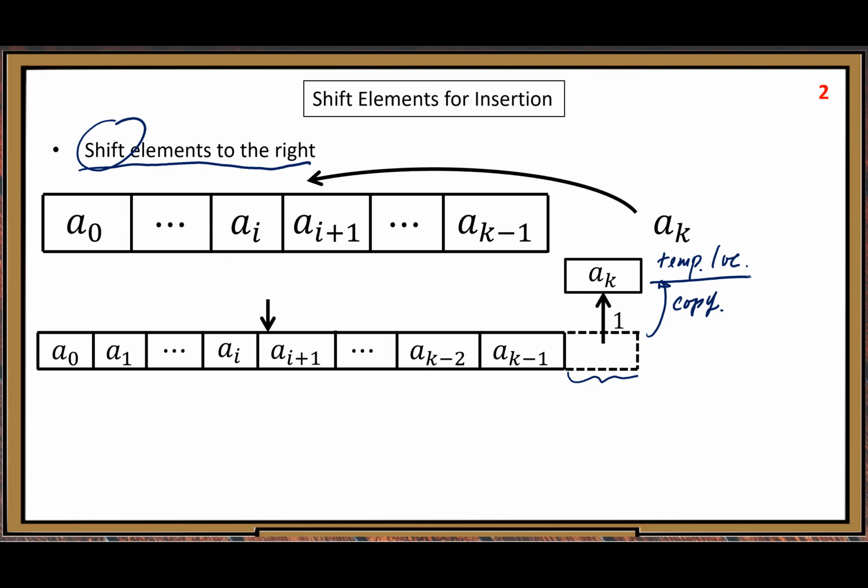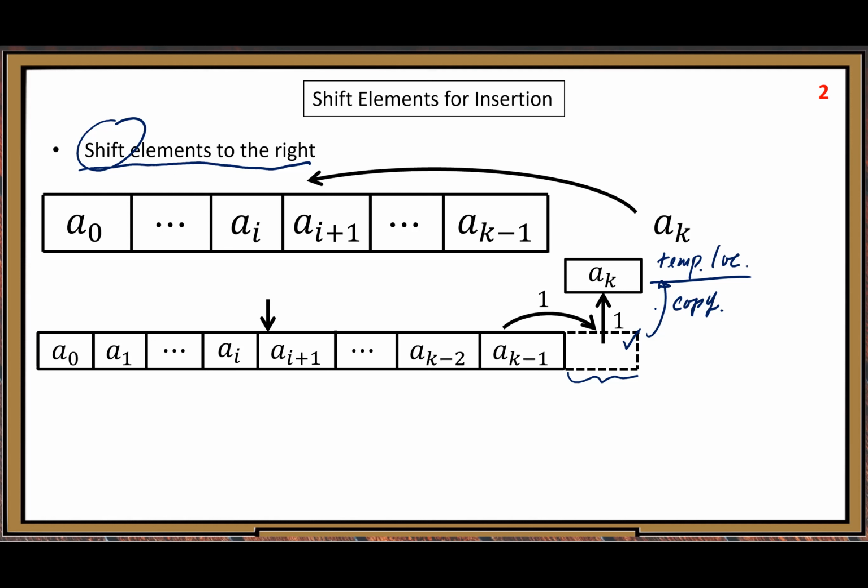So we copy to a temporary location. Then after we make that copy, its original location is empty. So then we can shift other elements to this location.